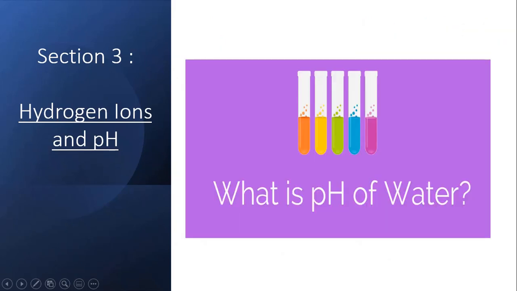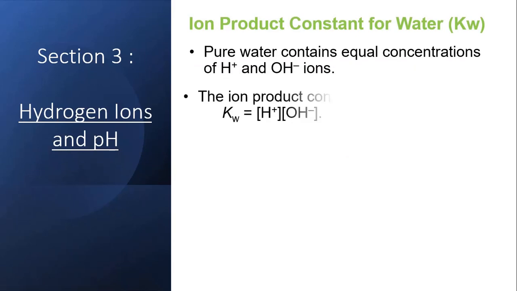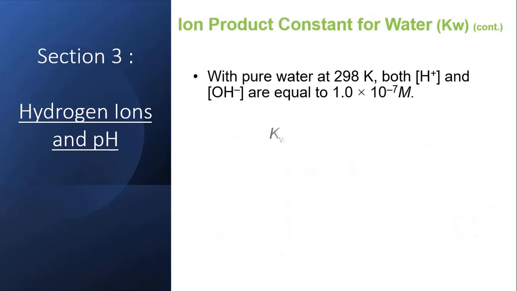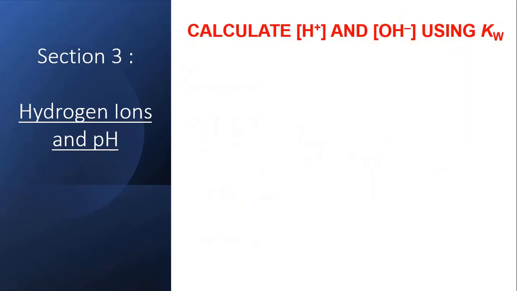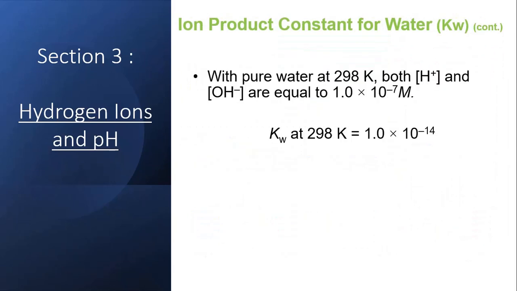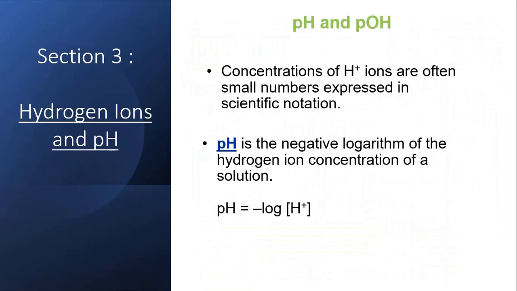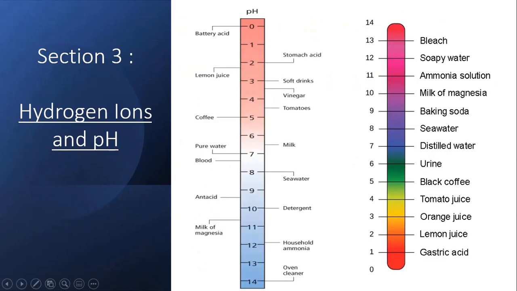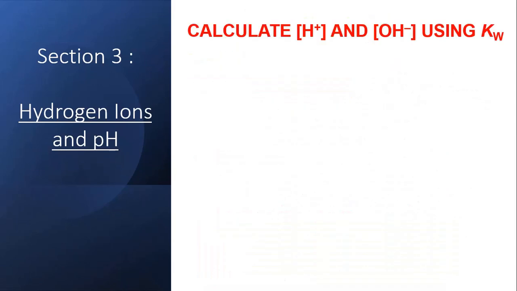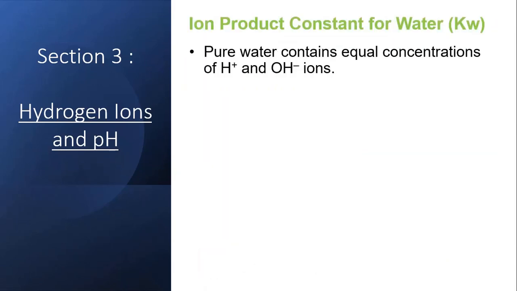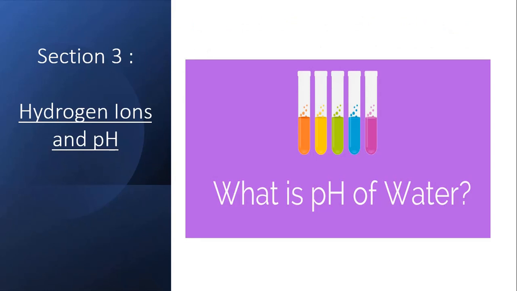What is pH? pH is the scale that we will describe when we come to this slide, that describes how much acidity or basicity we have in a substance. Okay, so back to Kw. The pH of water is going to be 7.